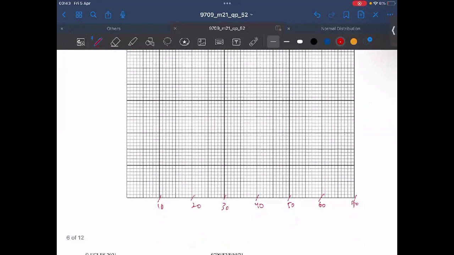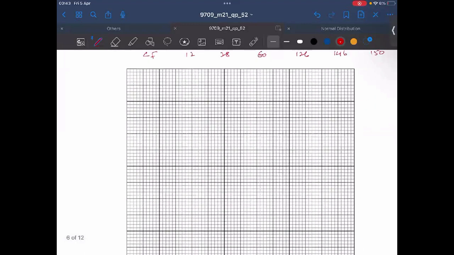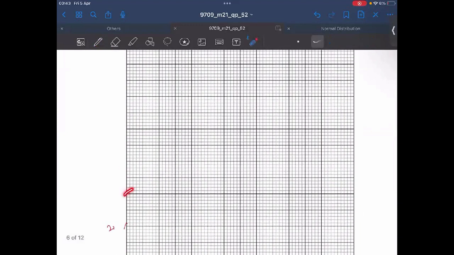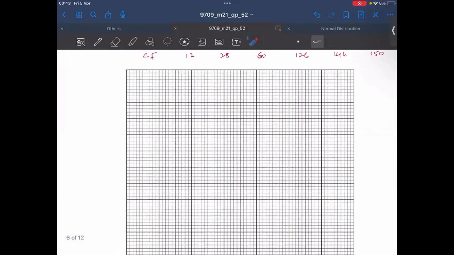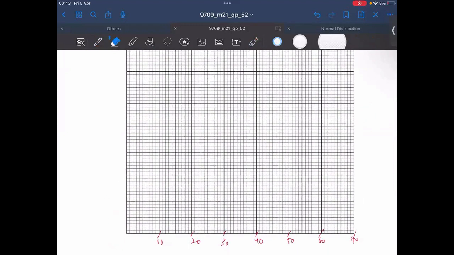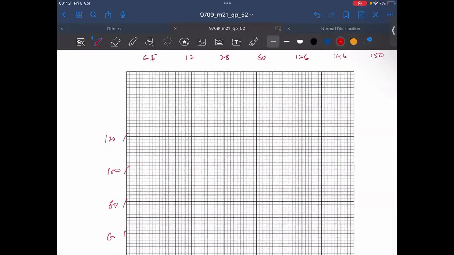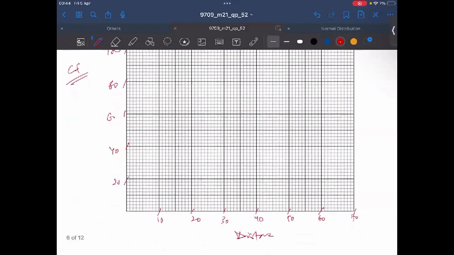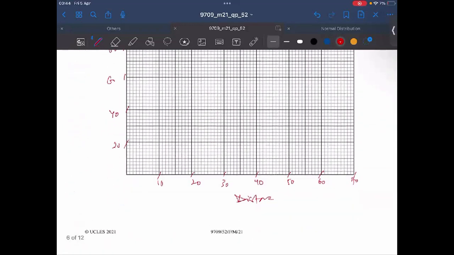I don't have enough boxes, so I'll be marking it 20 on each box: 20, 40, 60, 80, 100, 120, 140, and 160. This is cumulative frequency, and this is distance in kilometers.